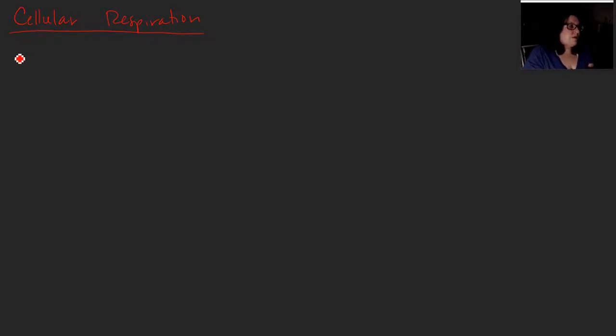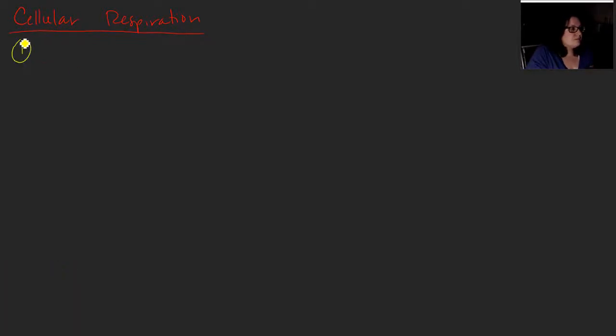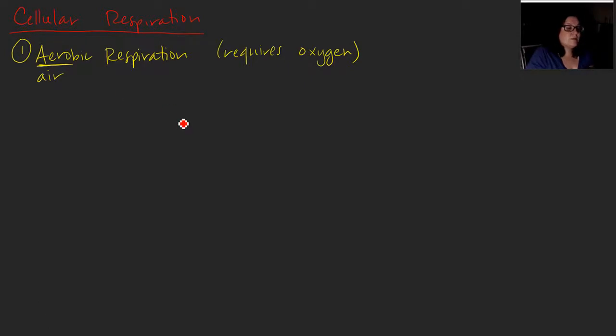There are two categories. The first one is called aerobic respiration. Aerobic. So aero is air. So it requires oxygen. Now we have a formula for the way this occurs.